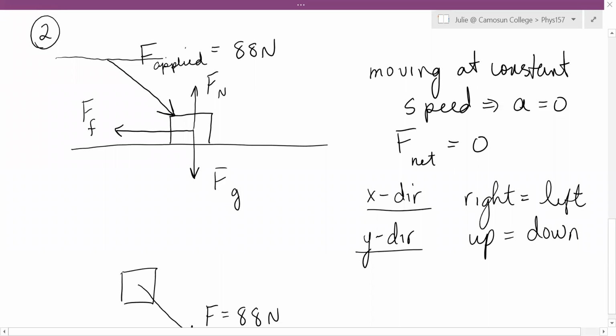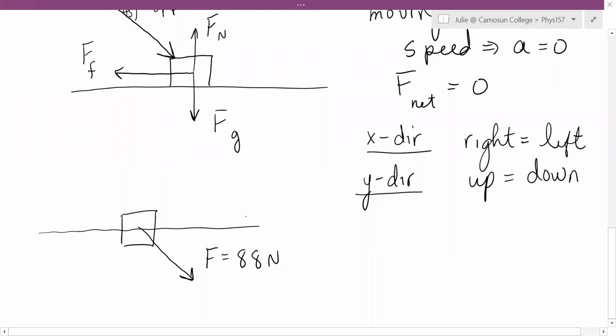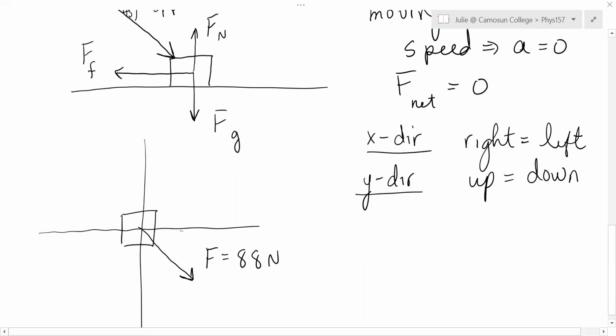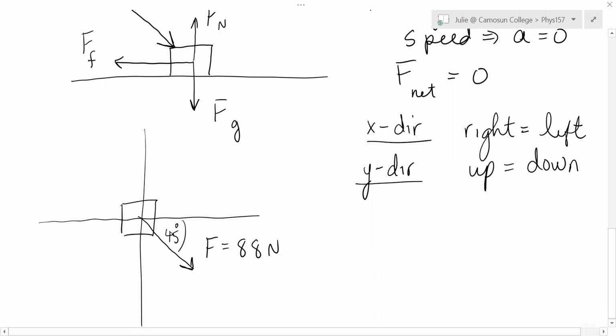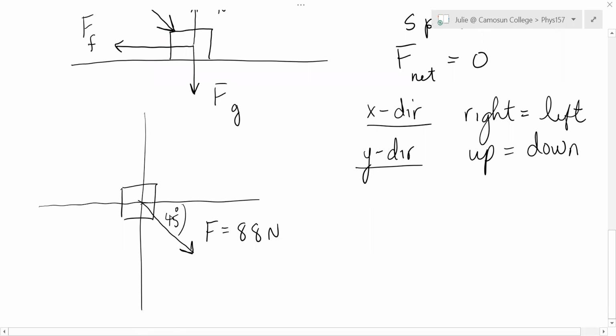So this is 45 degrees, which means when I do my x, y, this is 45 degrees. Okay, now it has two components. This would be 88 cos 45, which equals 62.2 newtons.